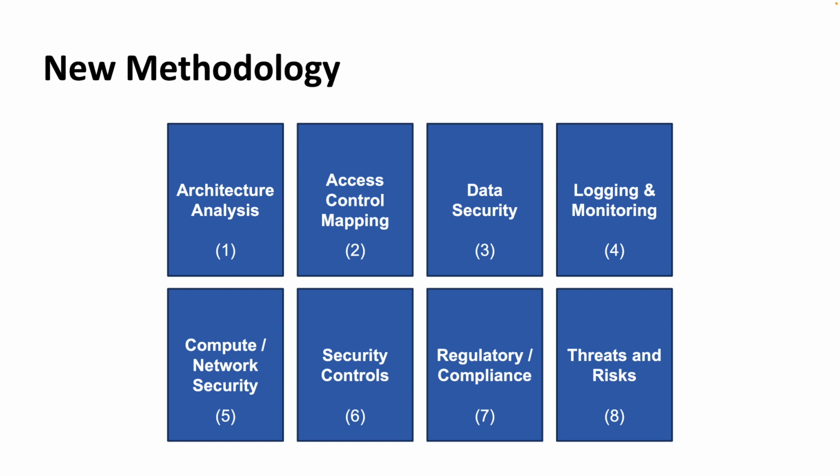As I said in the slide before, compute and network security are a critical part of the cluster. We will also highlight all the security controls, and we will do a mapping between the different threats, and we will put an emphasis on the compliance part, and finally we will have a summary of all the threats and risks. And that is a new methodology I would like to share with you today.